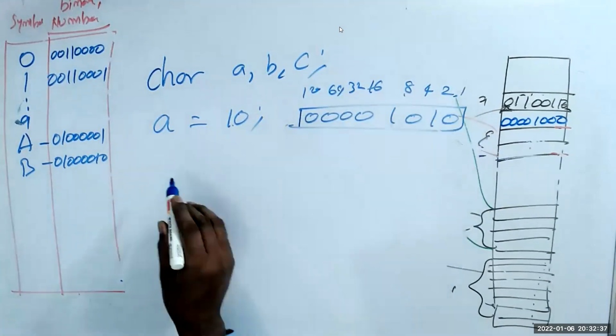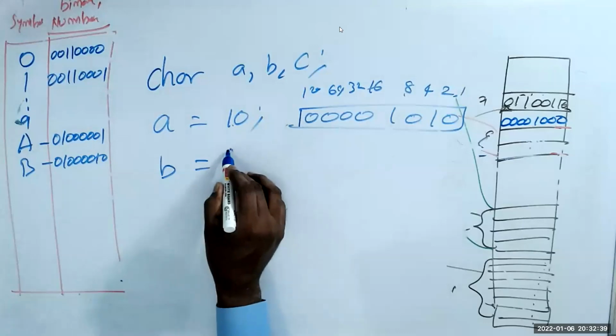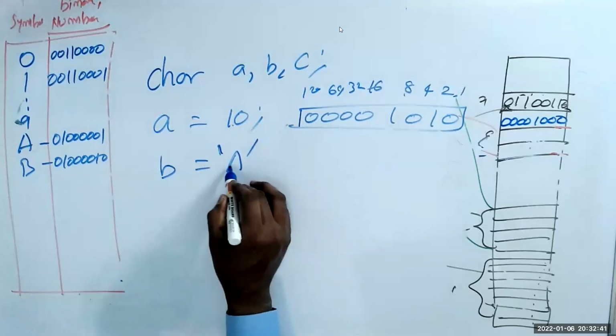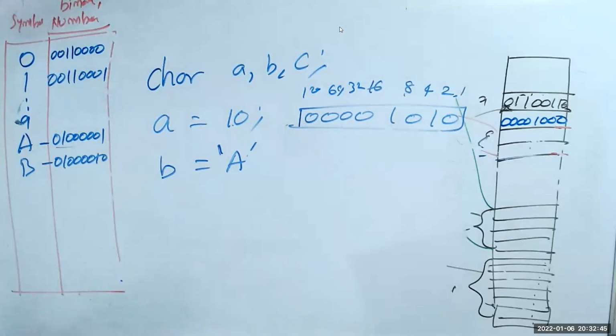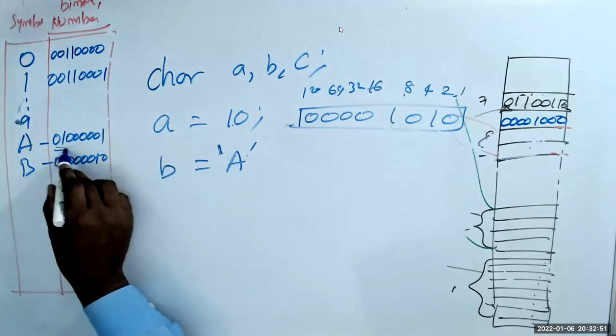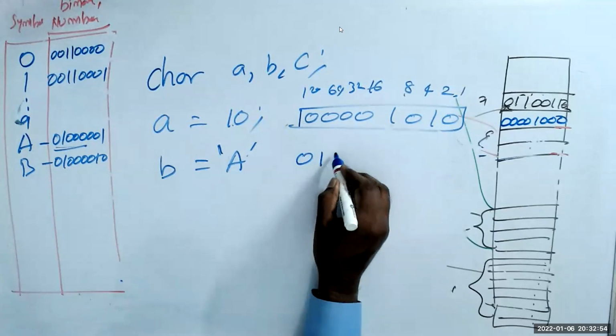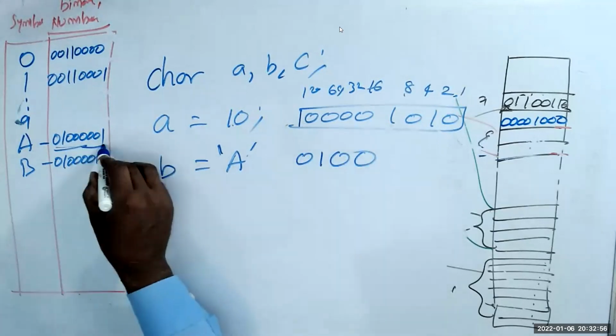Fine. When I say B is equal to within quote A, how much is it? This is given by the ASCII table. Not you. The compiler will refer to the table. There is no logic here. This was given by the committee. So A is 0, 1, 0, 0, 0, 0, 0, 1.